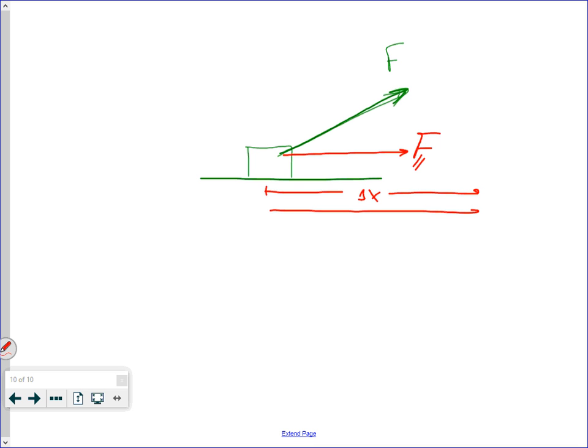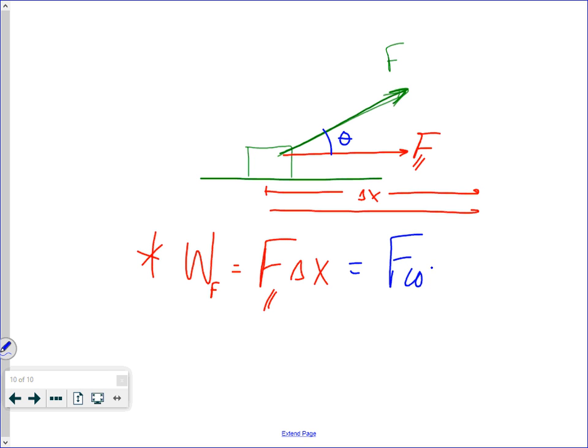Right? A force does work if that force is directly responsible for an object's motion. And so, the component of the force that does work is the component of the force that's parallel to delta x. So we really have to say that work done by a force is F parallel times delta x. Or many times you'll see that if there's an angle like that, it's F cos theta times delta x, or you'll see it lots of times as F delta x cos theta.